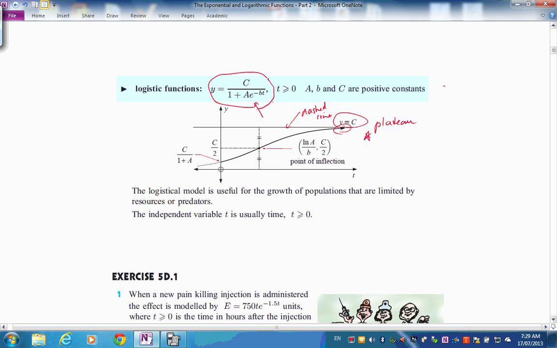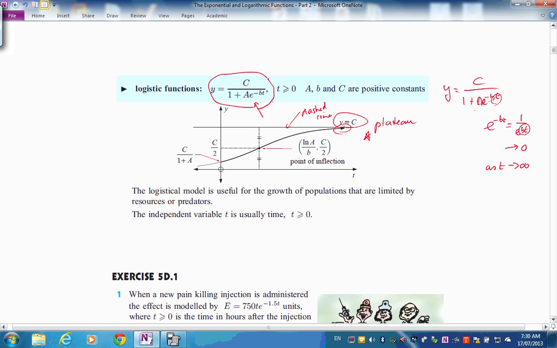Let's have a look at the maths of that. If you write this function out over here, and you want t to go on very large, then e to the neg bt is 1 over e to the bt. If t is getting large, this is going to tend to 0 as t tends to infinity.